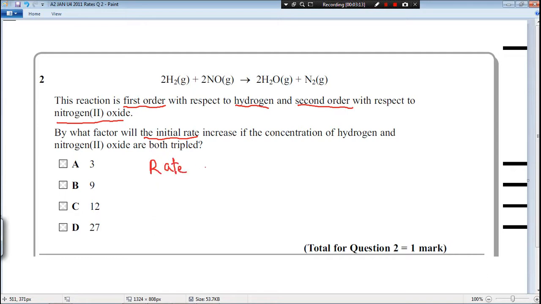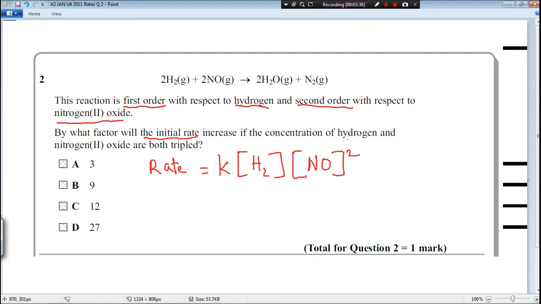Rate is equal to the rate constant k, and since the order of hydrogen is 1, this should be H2. The order of nitrogen 2 oxide is second, so this should be squared. This is the rate equation.